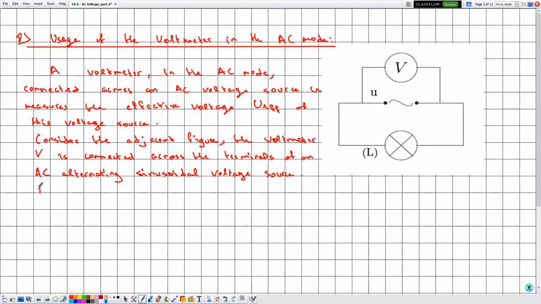Then the voltmeter measures the effective voltage U effective of the given source.